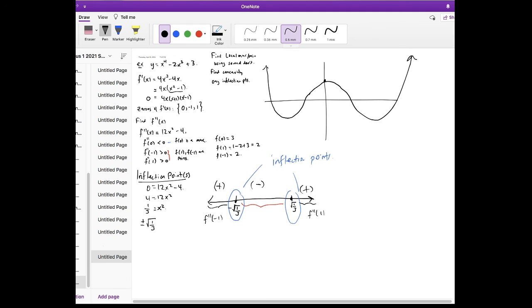It's kind of the general shape. So these points where it switches from positive to negative concavity and negative to positive, that's negative root 1/3, and this is root 1/3. So it's where the tangent lines are below the graph, and then suddenly above the graph. Above the graph, below the graph.